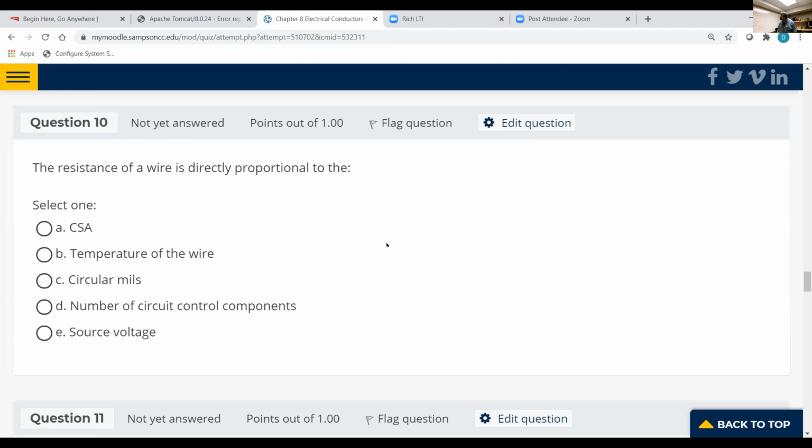You have to convert the diameter into mils. I was doing circular mils then, right? That's what I was doing, but that's not right. To do circular mils, you take your diameter.